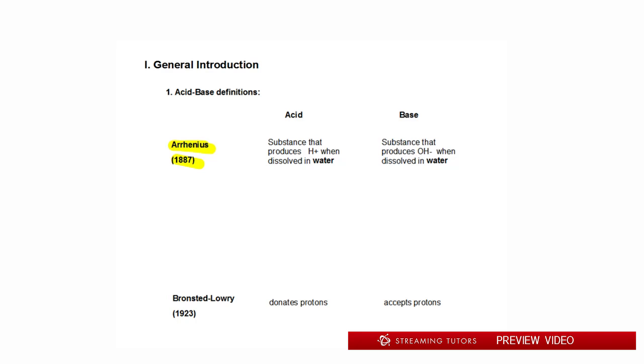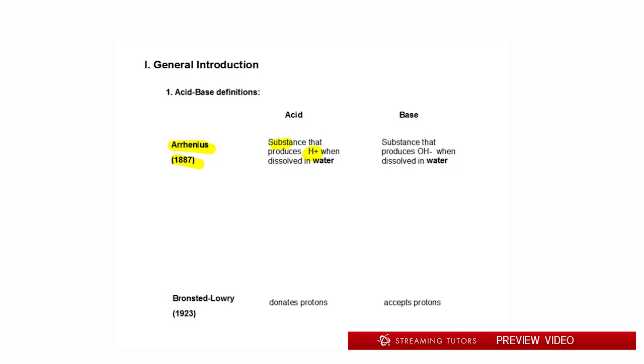Anyway, what did Arrhenius say? Well, one of the things that Arrhenius focused on was acids and bases inside water. And that was a major limitation to his definition, because we know acids and bases don't have to only take place in water. So what he said was that any substance that produces H+, which is a proton, is considered an acid.